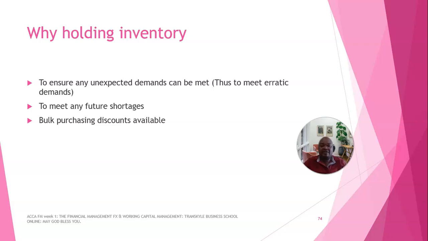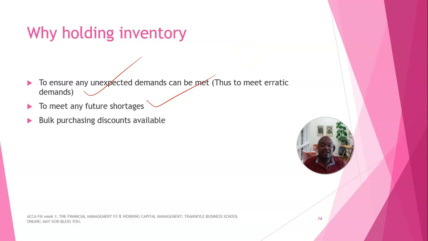Now, why do companies hold inventories? There are three reasons. One, to ensure any unexpected demands can be met, thus to meet erratic demands. So we keep a certain level of inventories such that when demand booms, we are not going to be found wanting. So we will be able to meet that demand as it comes.